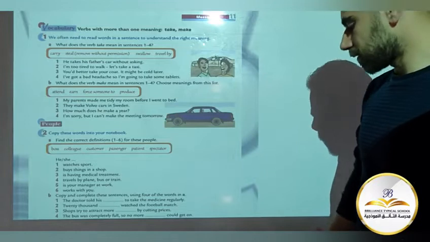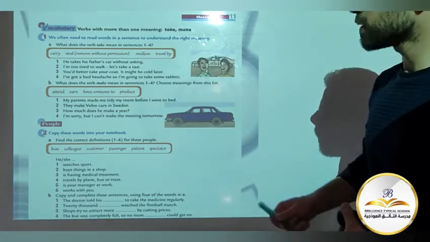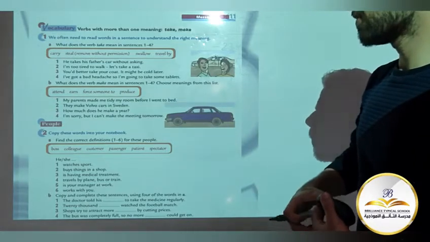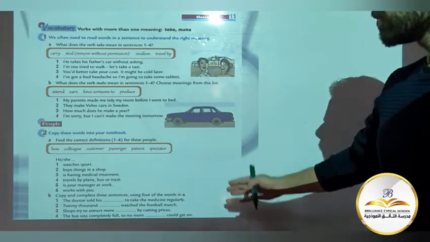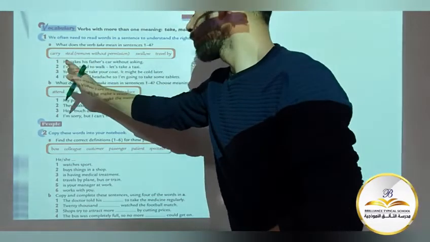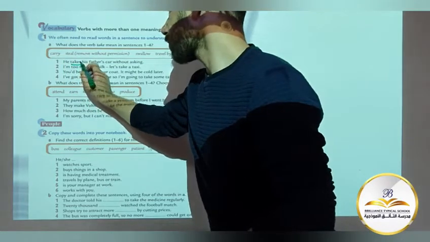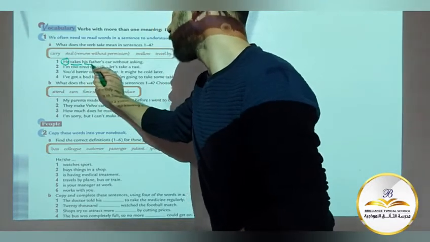So if we have a sentence, it's very important to understand what we have before and after. So what does the verb take mean in these sentences? I want you to take a look at the sentence. Here we have the verb take. But take a look at what we have before and after.